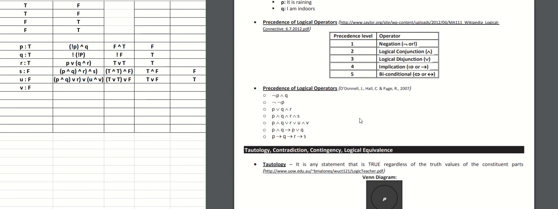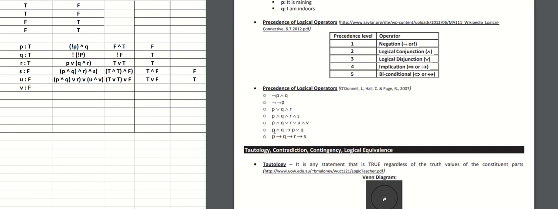Okay, next, let's proceed with the second to the last statement. We have three kinds of operators: the AND operator, the then or the implication, and the logical disjunction or the OR operator. So we follow again the precedence level.